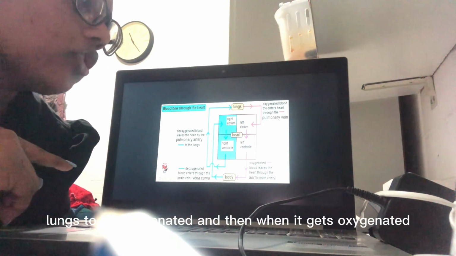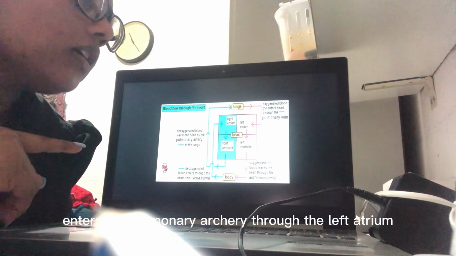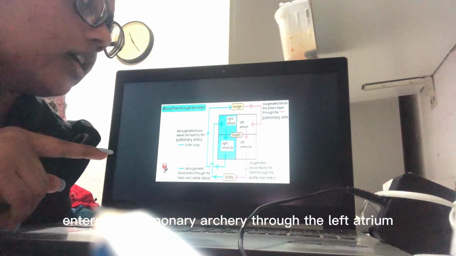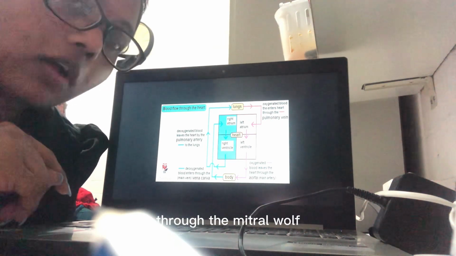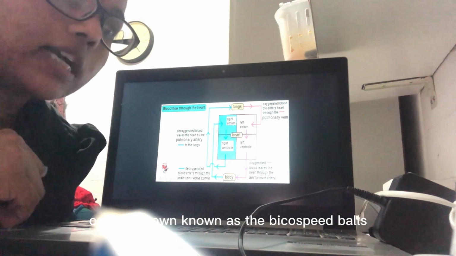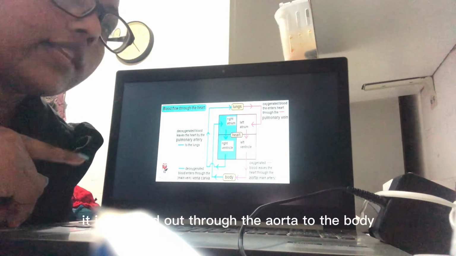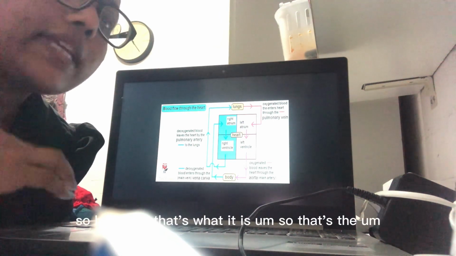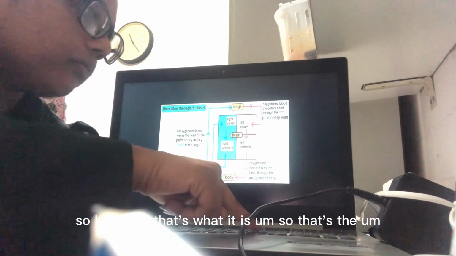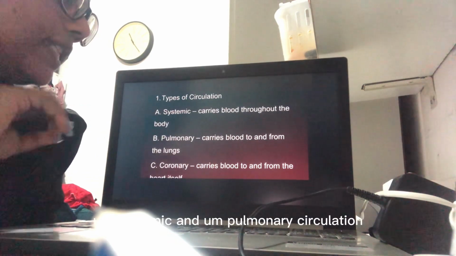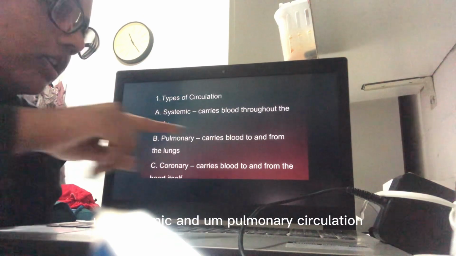When it gets oxygenated, it enters the left atrium, and then it goes to the left ventricle through the mitral valve, also known as the bicuspid valve. When it reaches the left ventricle, it is pumped out through the aorta to the body. So that's the systemic and pulmonary circulation.